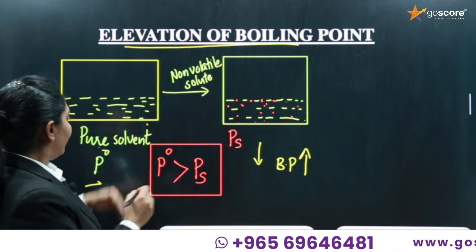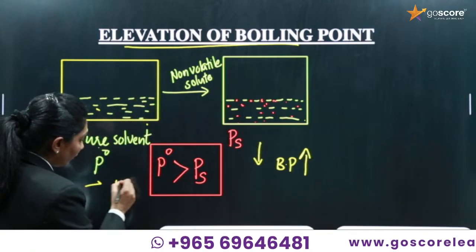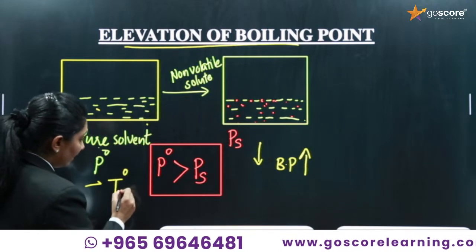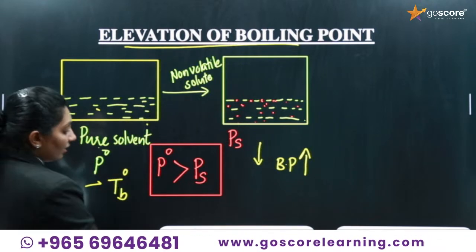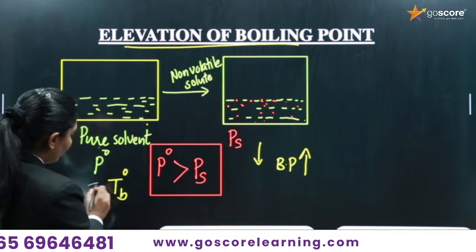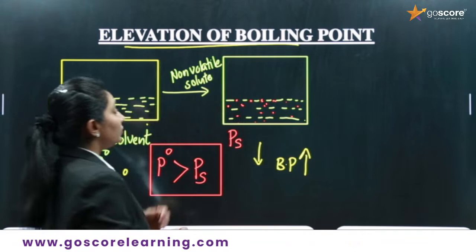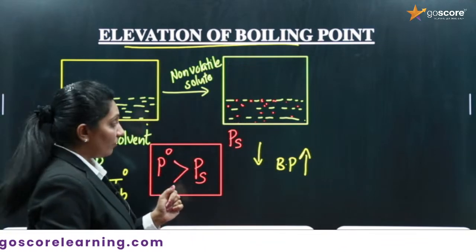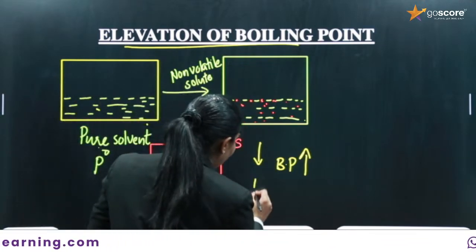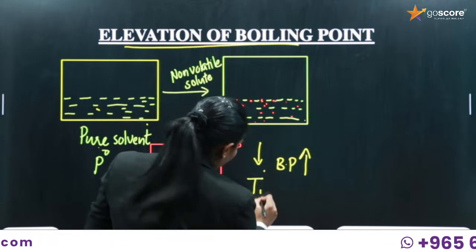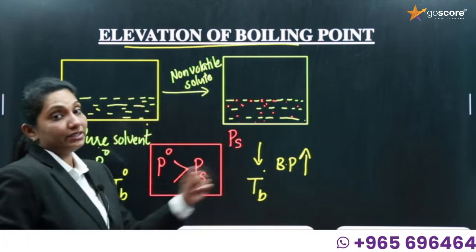Okay, so if you take the boiling point of the pure solvent as T naught B, that is the boiling point of the pure solvent. When you add a non-volatile solute to that solvent, the solution formed will have a boiling point that we represent with TB.